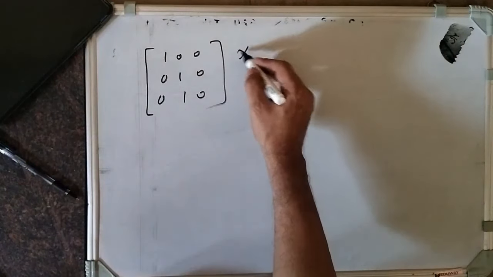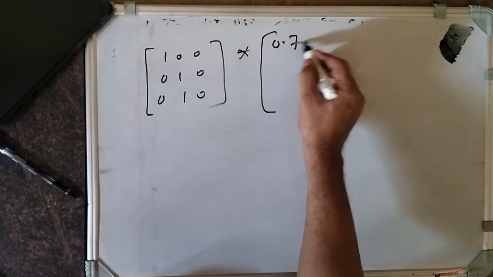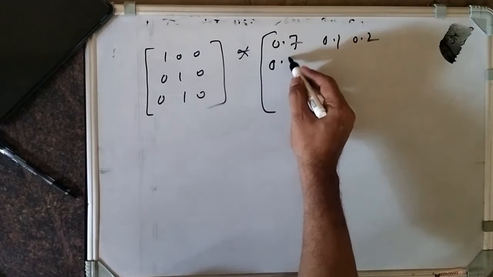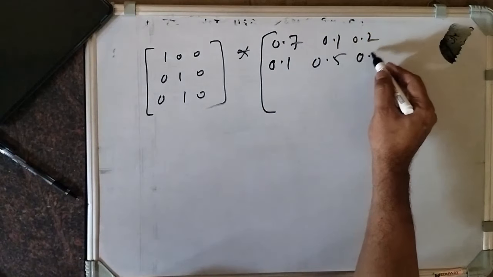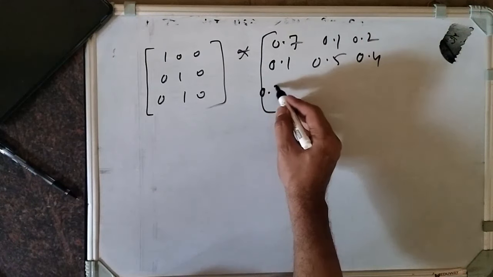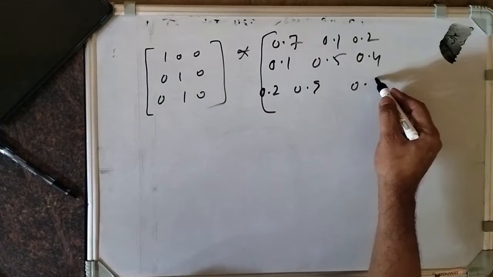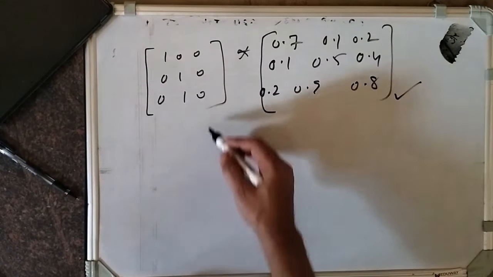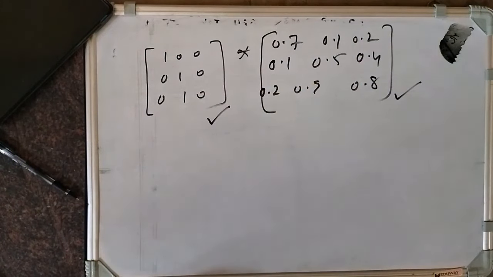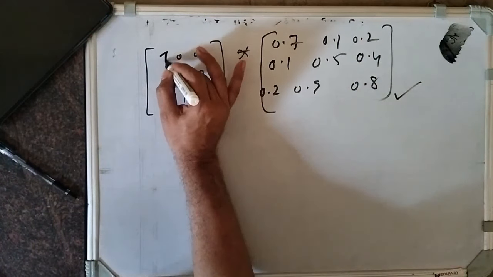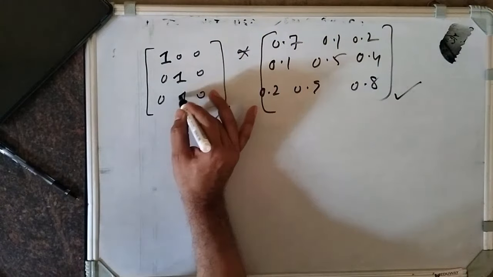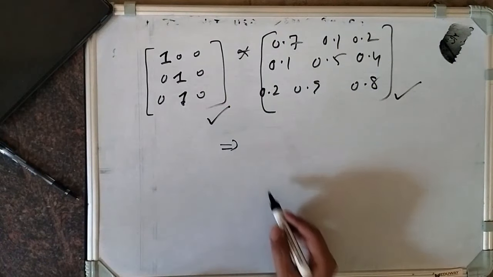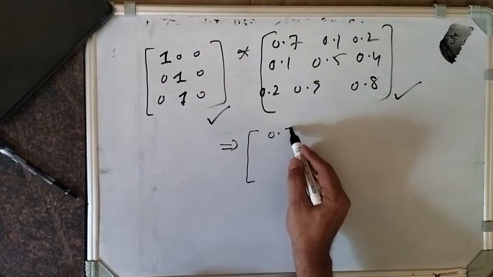In this condition you will multiply this matrix and this matrix. 0.7, 0.1, 0.2 is your matrix, and 0.1, 0.5, 0.4, and this is 0.2, 0.9, 0.8. This is the predicted output, and this is your actual output. Okay. What will you do? I will multiply both matrices. By the help of this, my correct answer will be 0.7.